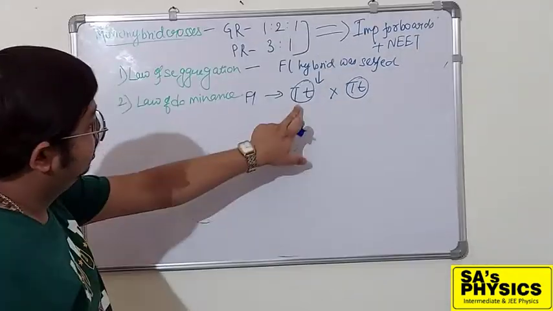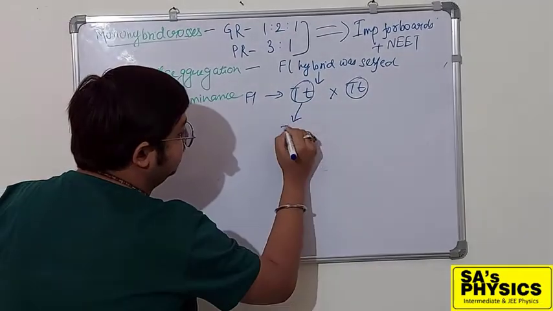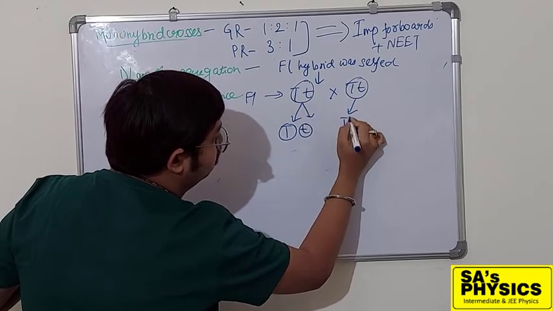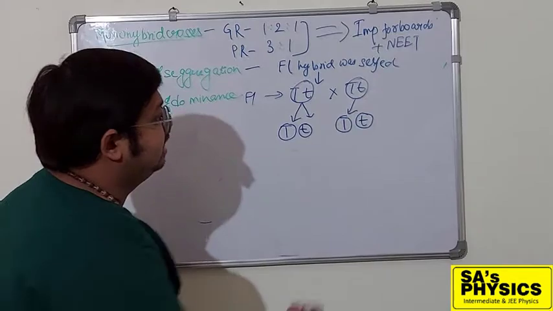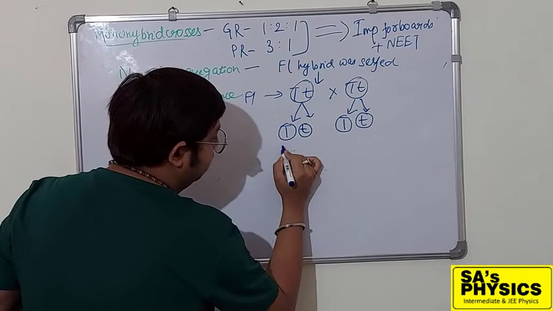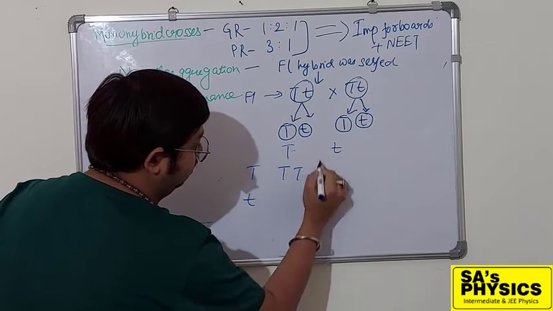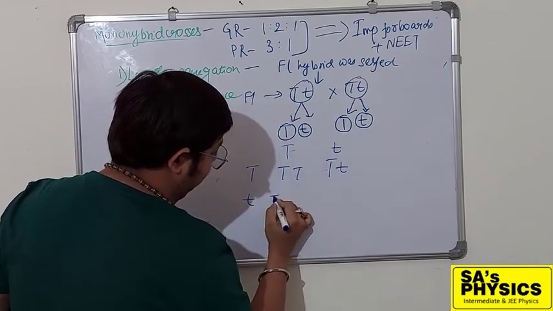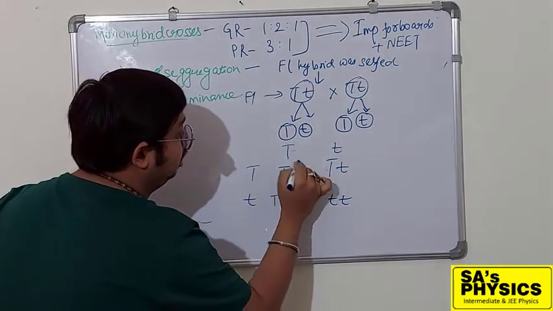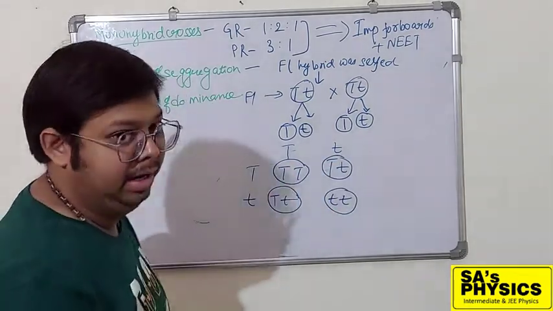And what happened is the gametes segregated independently of each other, and they combined. This is random combination. And they combined to bring back the original parental types as well as produce hybrid.